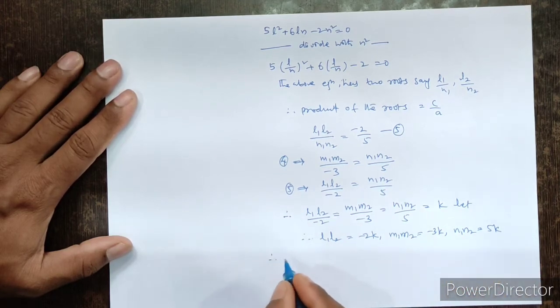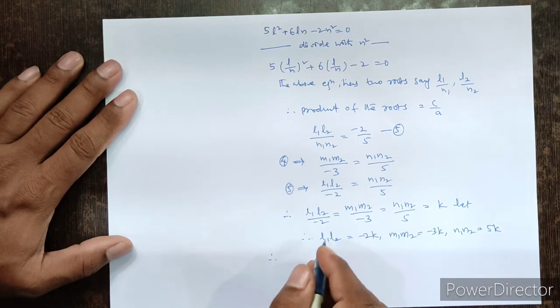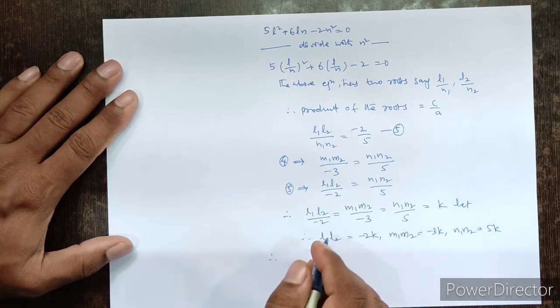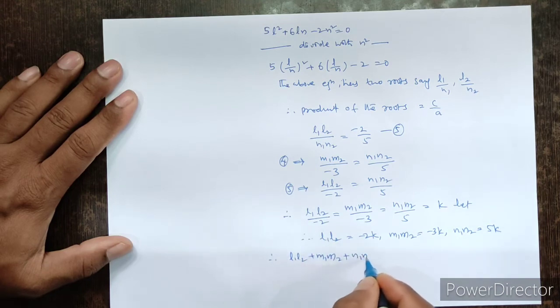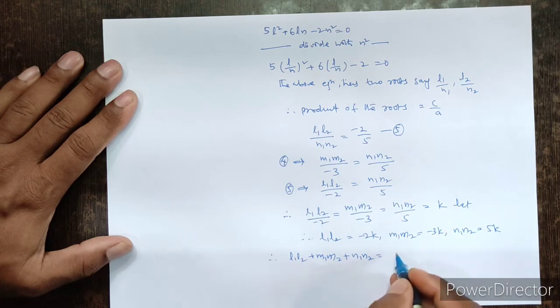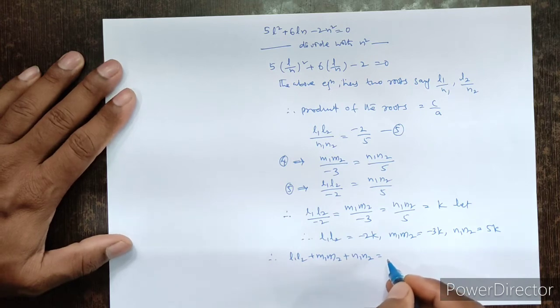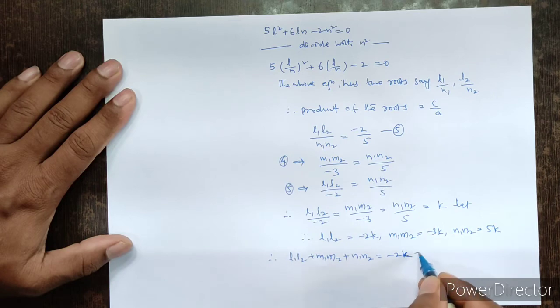So already, in the given problem the two lines are perpendicular to each other. Therefore L1 L2 plus m1 m2 plus n1 n2 equal to what? 0. So we should get the 0 value. So minus 2k minus 3k plus 5k equal to what? 0.